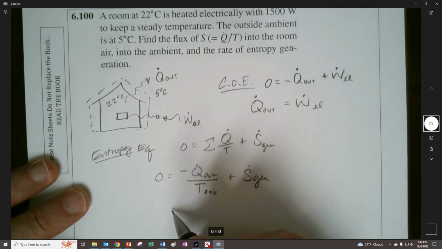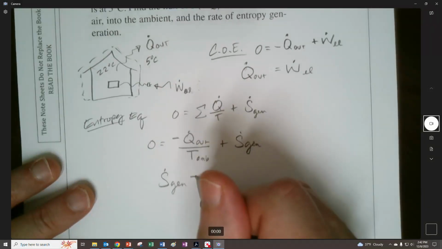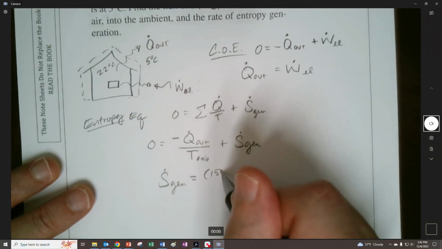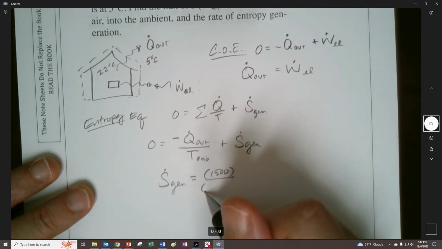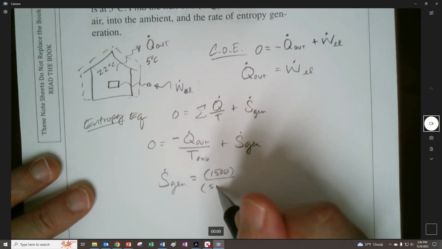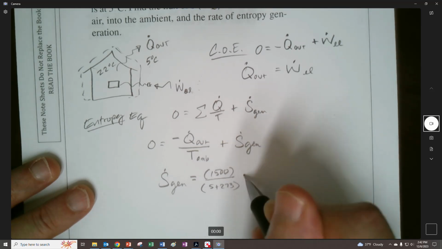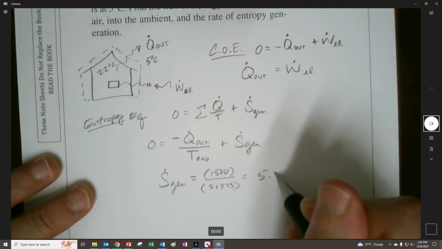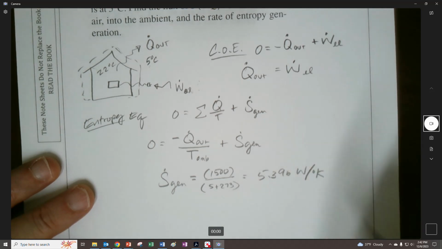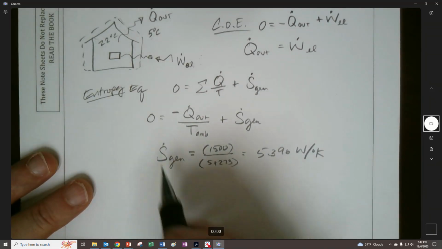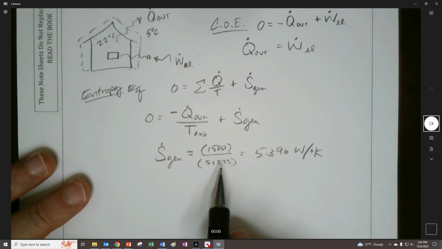So the S dot gen we're left with is simply 1500 watts divided by 5 plus 273, and we end up with 5.396 watts per kelvin. I wrote down here, why 5 and not 22?